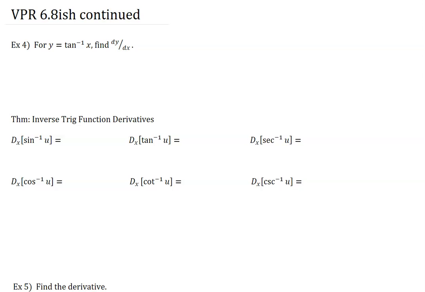Because what I'm going to do is take the tangent of both sides of this equation, and I'll have tangent y is equal to x, since tangent of tangent inverse x is just x. Okay, so now I can take the derivative with respect to x, implicitly, and I get secant squared y times y prime is equal to 1.